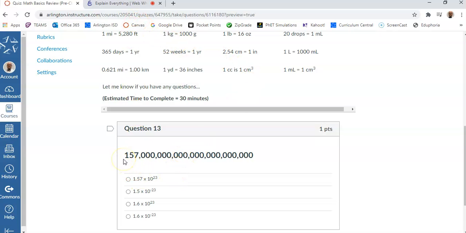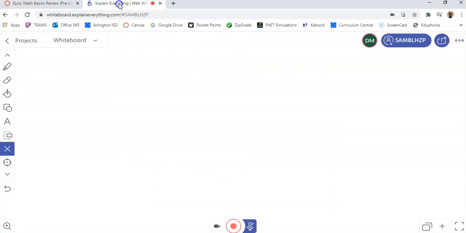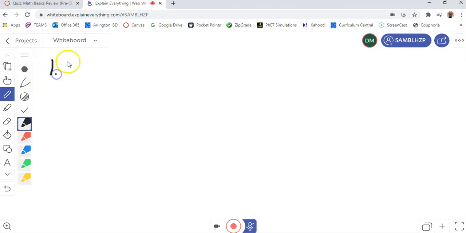So, the first step in any scientific notation problem, you have to get a number between 1.0 and 9.9. So you have to move your decimal point to make a number between that range.